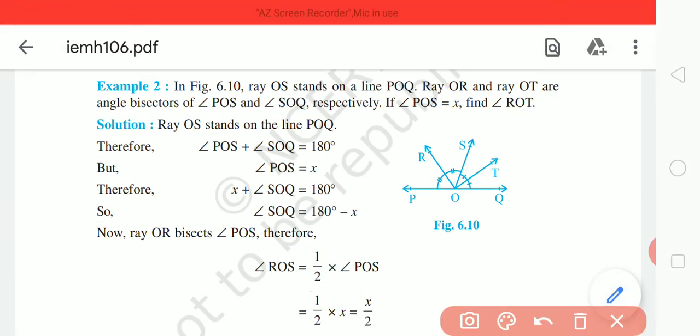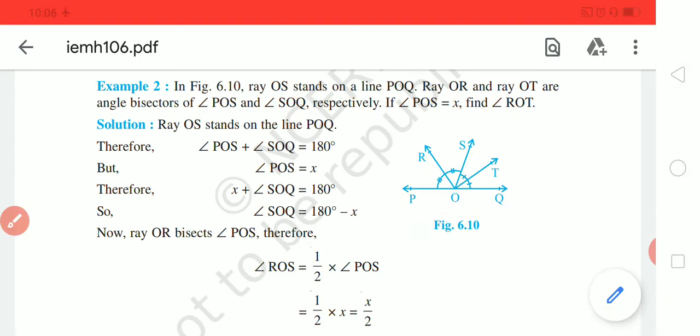Here we have given in the figure OS stands on a line. This is OS, a ray, on a line OPR. OR and ray OT are the angle bisectors. It is given that they are equal: angle POR equals angle ROS, and similarly angle SOT equals angle TOQ.